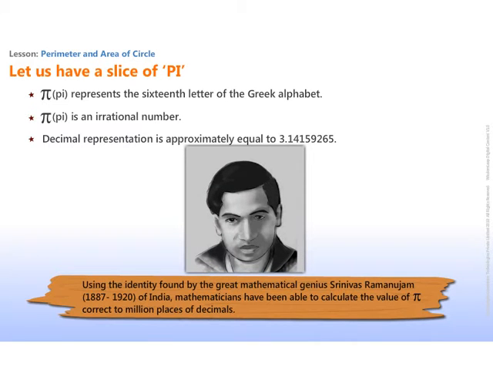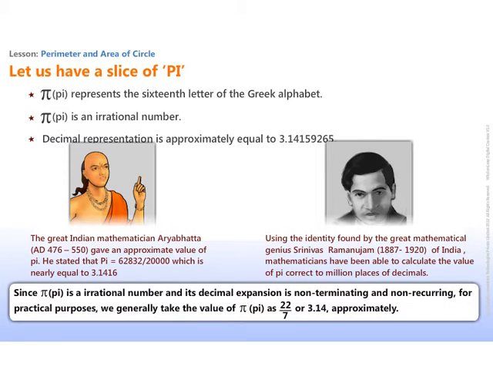Using the identity found by the great mathematical genius Srinivasa Ramanujan, 1887 to 1920 of India, mathematicians have been able to calculate the value of pi correct to a million places of decimals. Since pi is an irrational number and its decimal expansion is non-terminating and non-recurring, for practical purposes, we generally take the value of pi as 22 by 7.